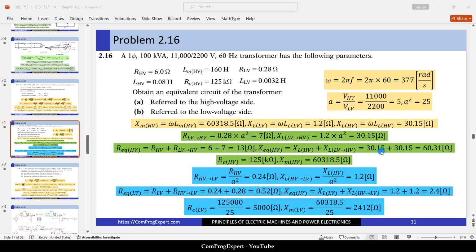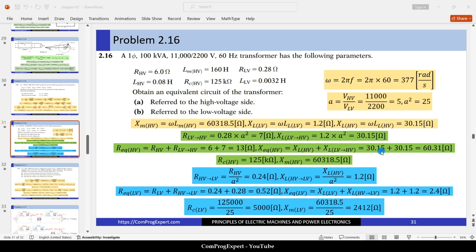So this happens if we have a well designed transformer. In future electrical machines design courses, when you design single phase or three phase transformers, you will check this. So if you have a transformer that is well designed, this should happen.